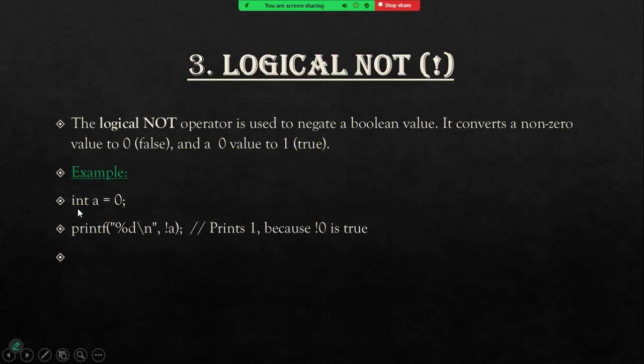So like an example, we can see that int a equal to 0, printf percentage d slash n, negation of a. So negation of a will print 1 because it is logical NOT that is given.